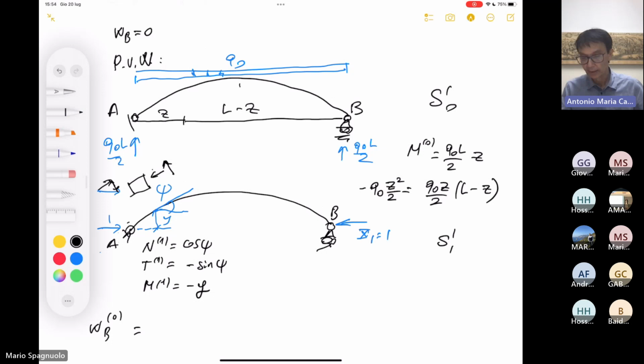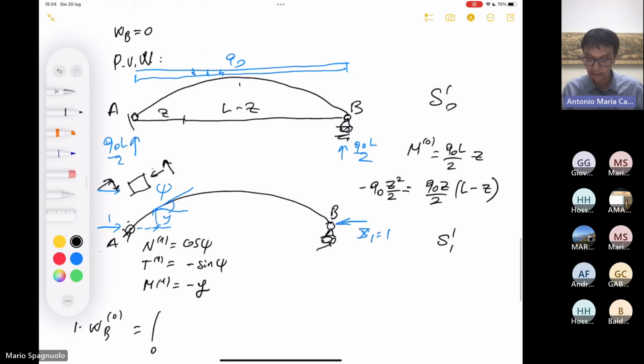By letting the forces of this scheme work for the displacements and deformations of the other scheme, we have 1 times WB0 equal to the integral over the axis line of N1 times the axial strain on the zero system, N0 over EA.